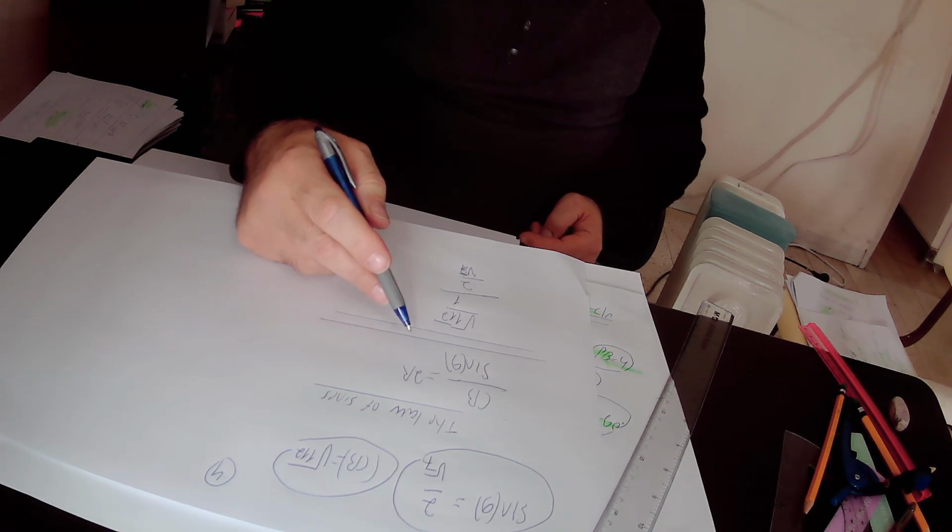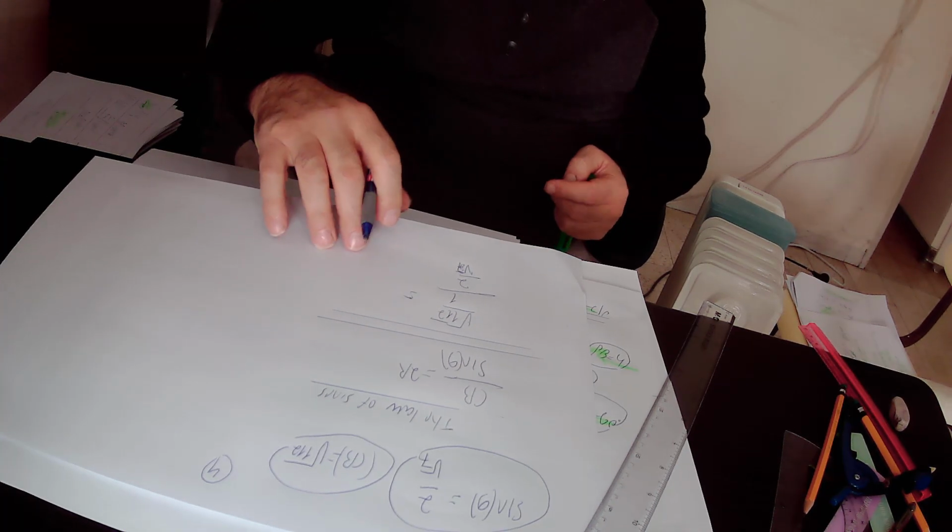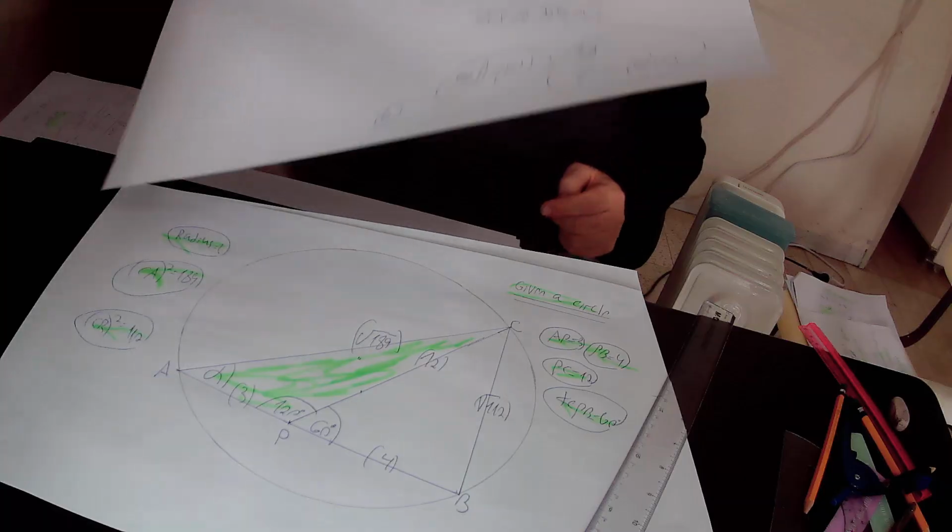And it is equal to 2R. R is the radius of the circle that circumscribes triangle ABC.